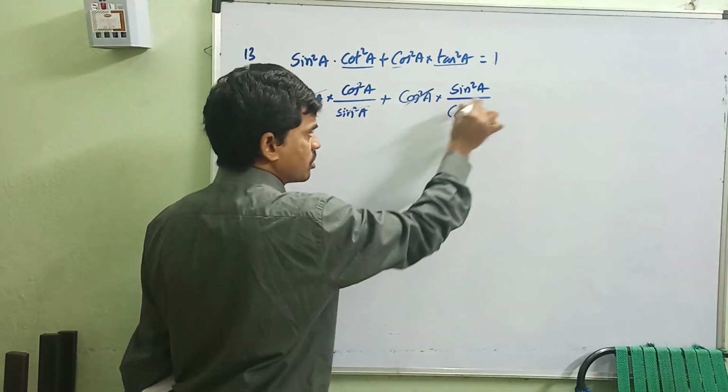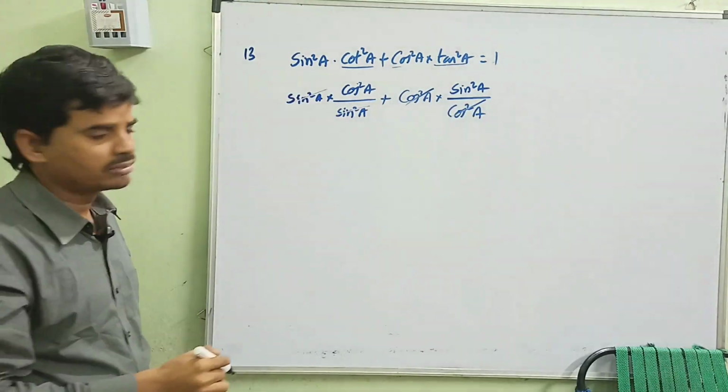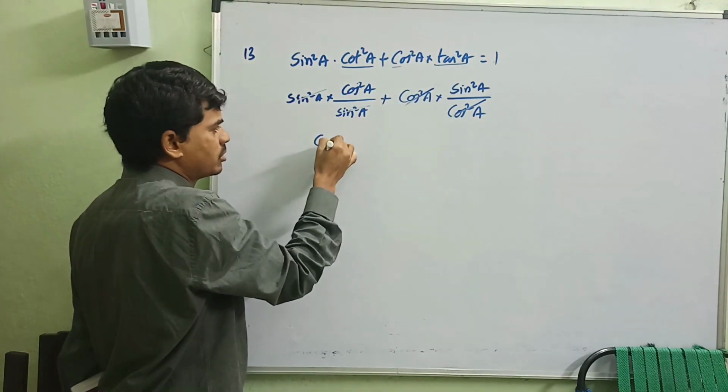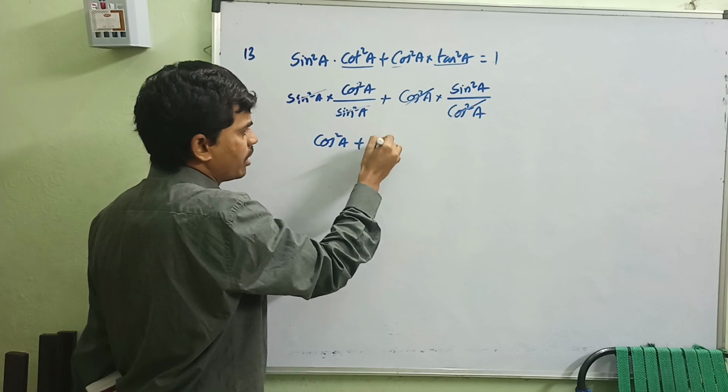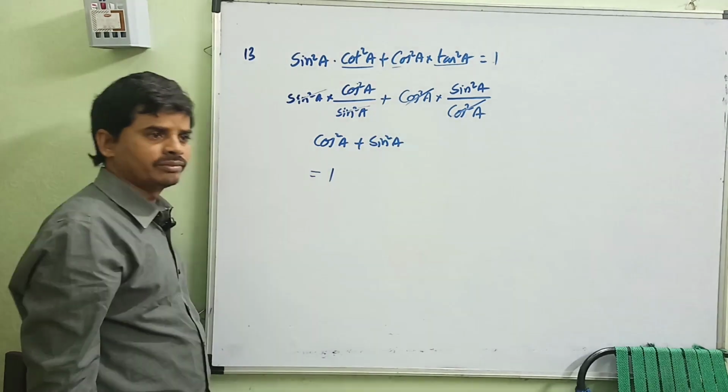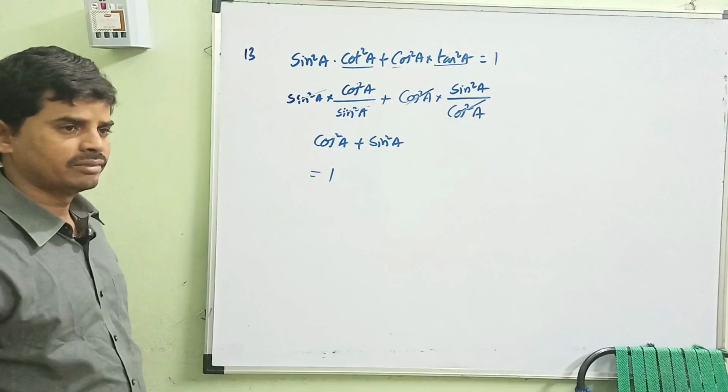Here they are under multiplication, cos square gets cancelled. Cos square A plus sin square A is equal to 1 because it's an identity. Okay?